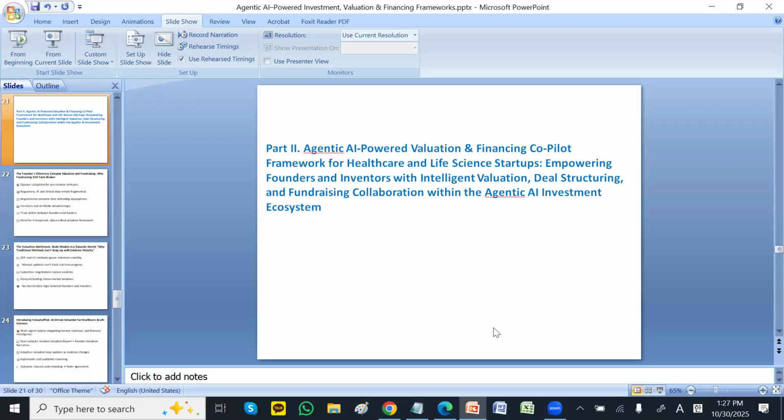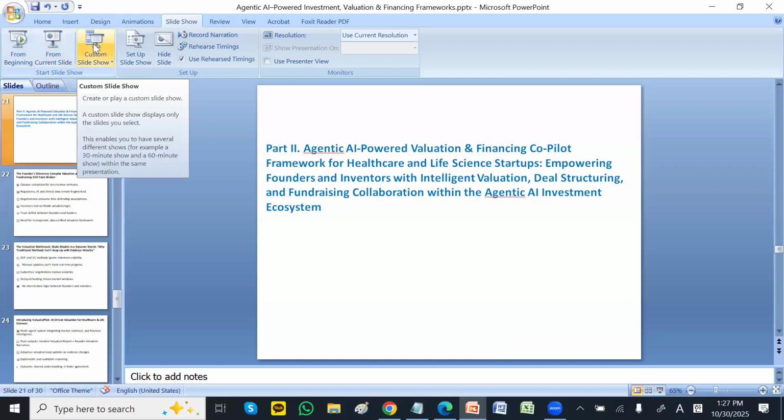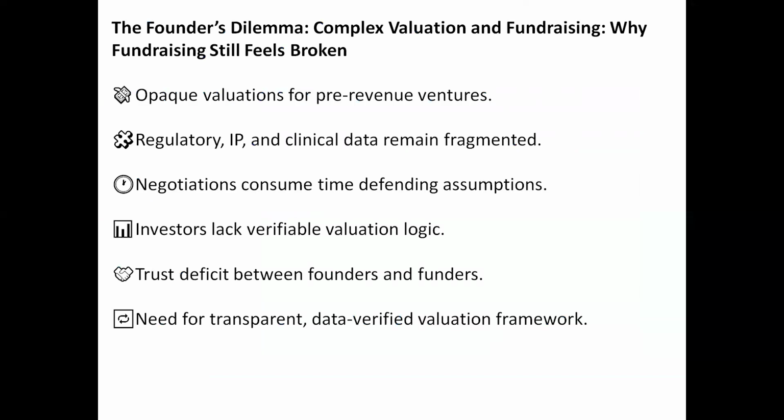I will continue with this agentic AI topic in session two, where I'm going to focus more on the fundraising side. First is the founder's dilemma, the asymmetry in the opportunity of fundraising.